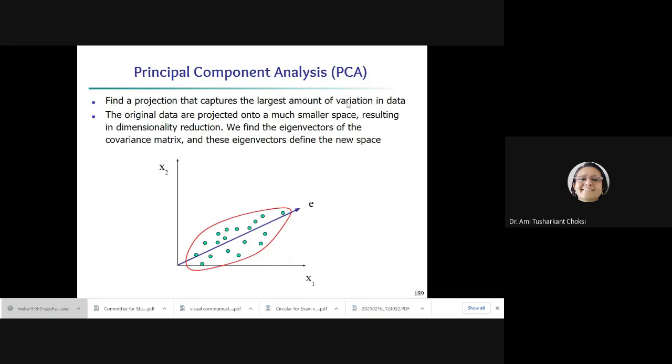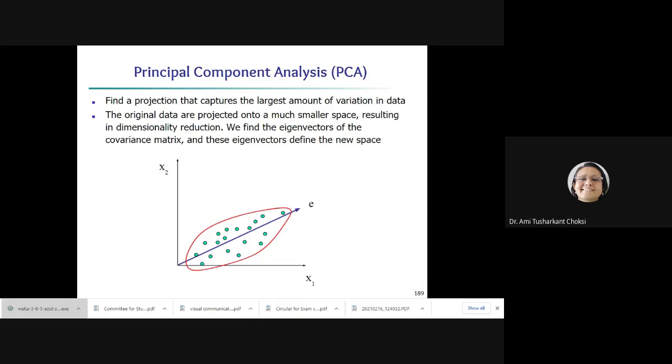Principal means the main person, right? For a college, the main person whom you should meet is the principal. In the same way, we are trying to get the main or major or important part here. This is the layman's concept.